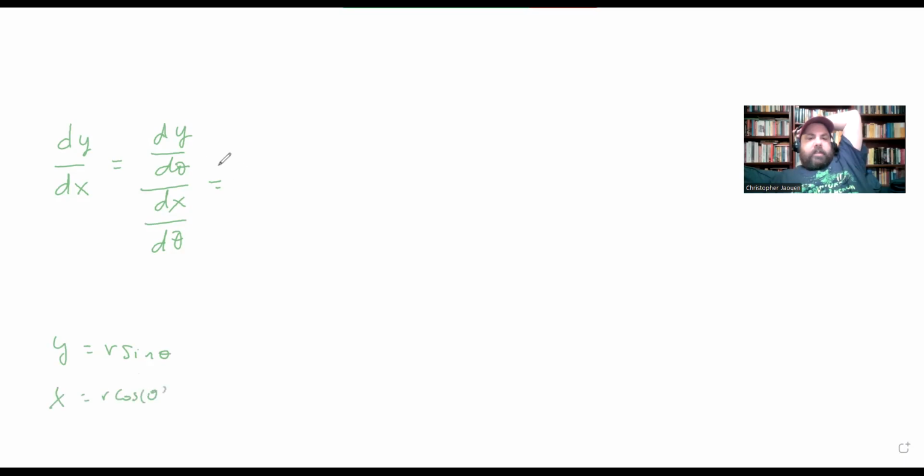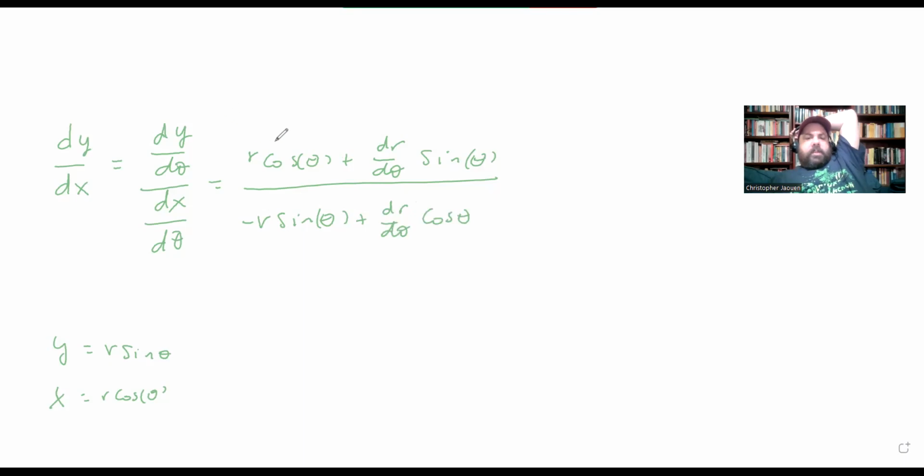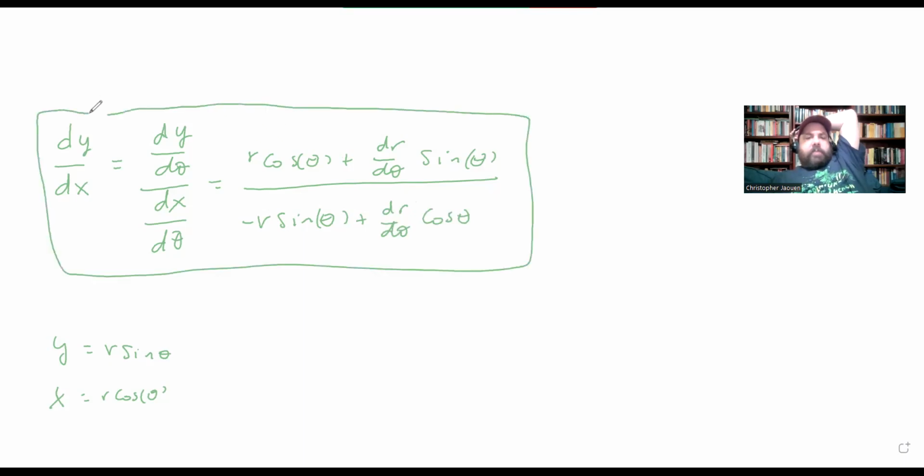So if you write down dy d theta on top, you end up with r cosine theta plus dr d theta sine theta. And on the bottom, you get negative r sine theta plus dr d theta cosine theta.